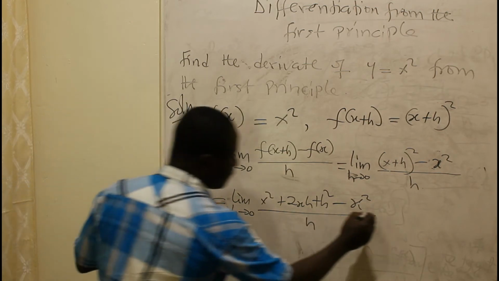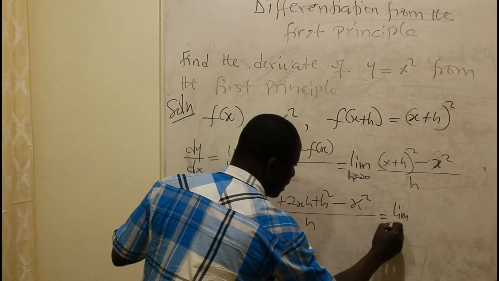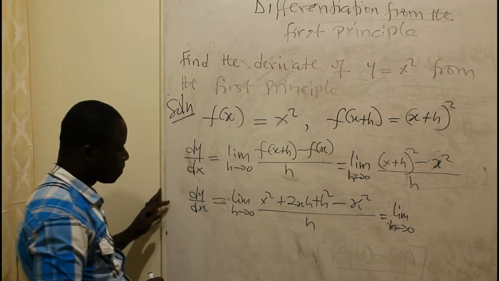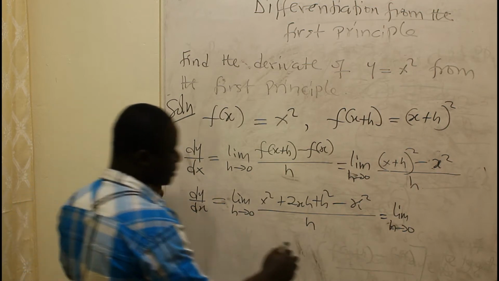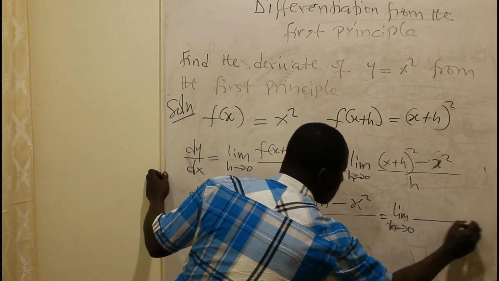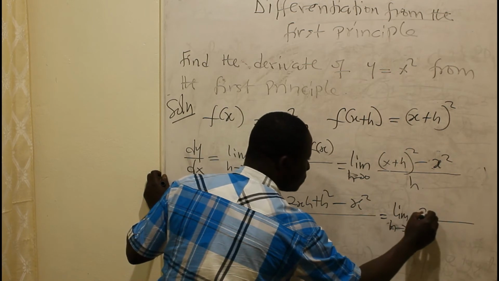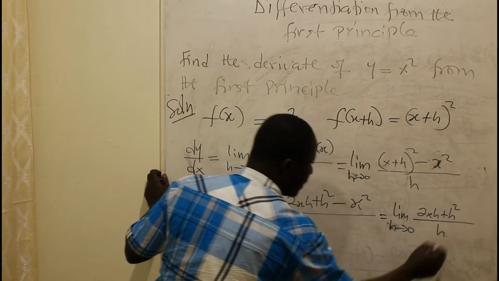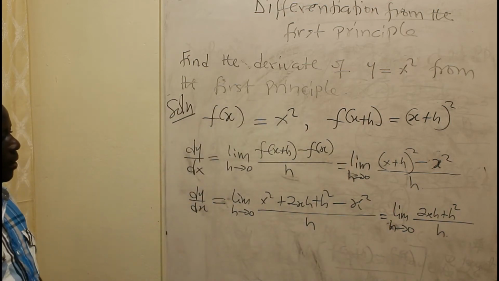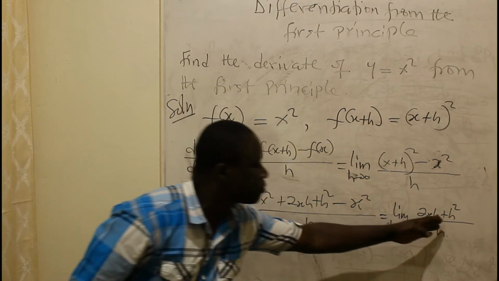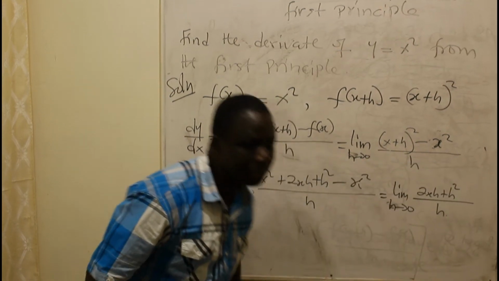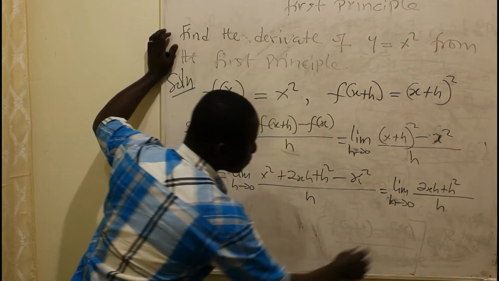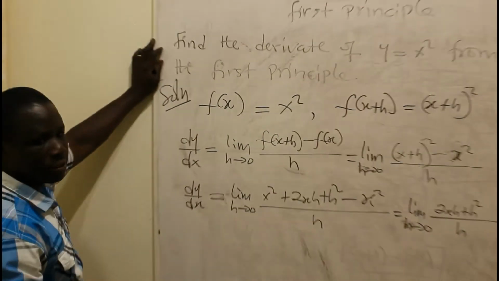And you have limit as h approaches 0. When they cancel, we have 2xh plus h squared divided by h. And we can now factorize h out because h is in every term. So if you factor h out, it will cancel that of the denominator too.